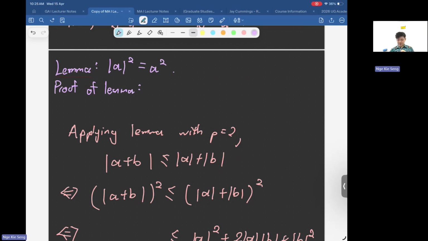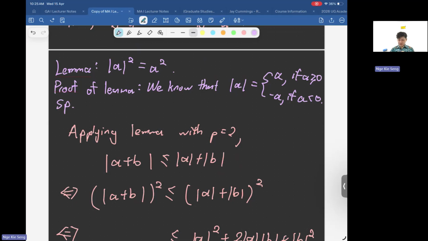We know that the absolute value of a is a if a is greater than 0, equals 0 if a is 0, and negative a if a is less than 0. So two cases. Suppose a is greater than or equal to 0, then the absolute value of a squared is just a squared. Done.